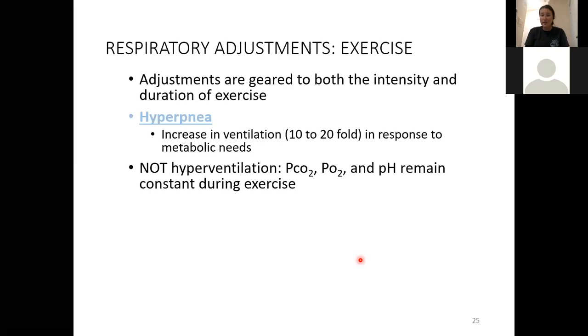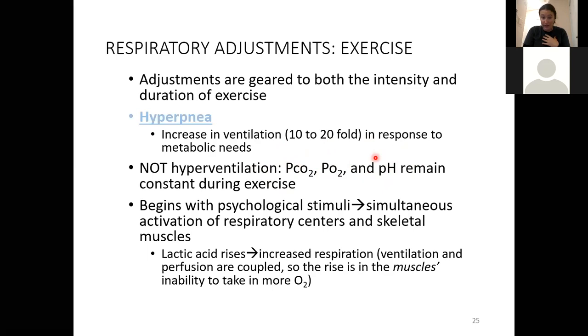This is not considered hyperventilation because this is a response to all of these high CO2, low oxygen, low pH. And so your body is responding to those high levels and it is keeping them relatively consistent by changing your breathing.